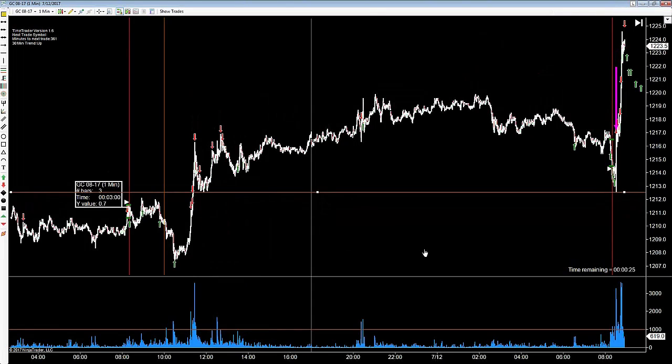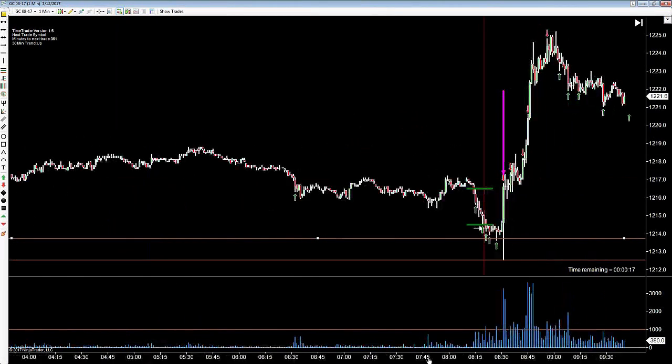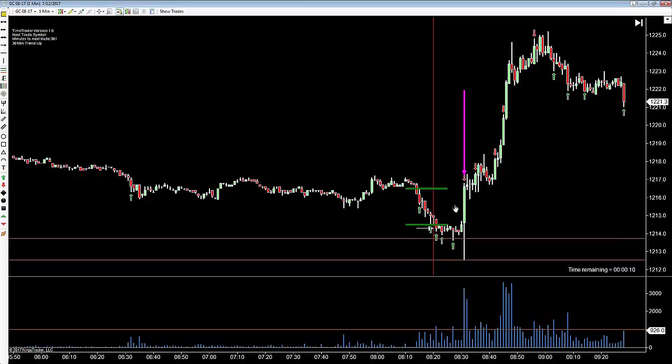I'm looking right here at this. Coming up here, where this would be a news candle. Price came down. Would look for an area to get in here or here for that long side up.